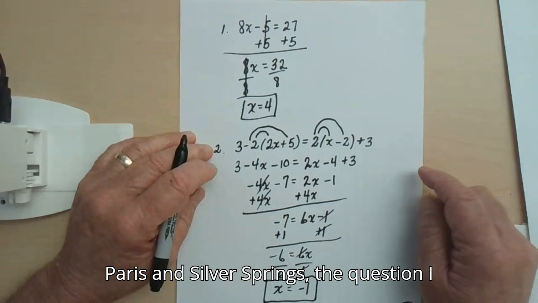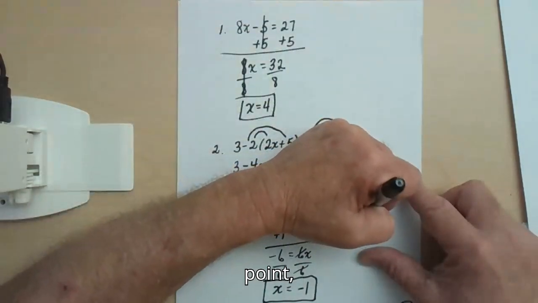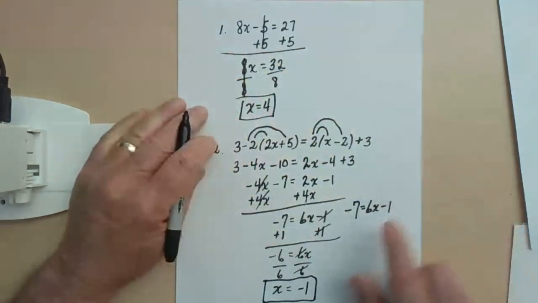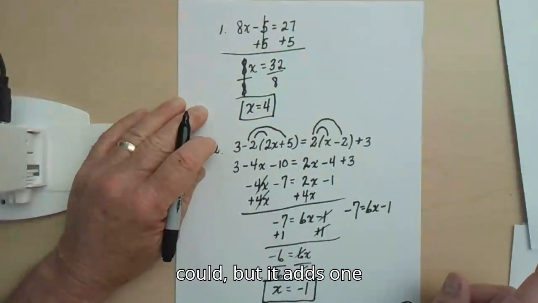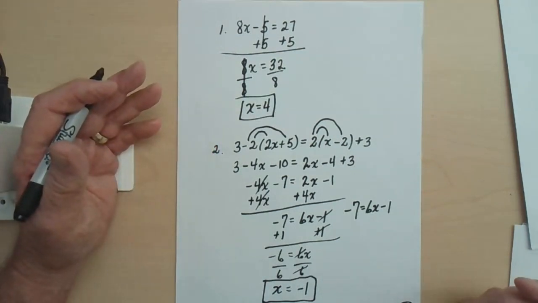Paris and Silver Springs, the question I had here is, when I got to this point, could I have added 7 to both sides? I could, but it adds one extra step to the problem. There's nothing particularly wrong with doing that.